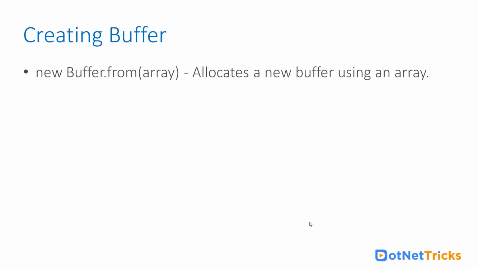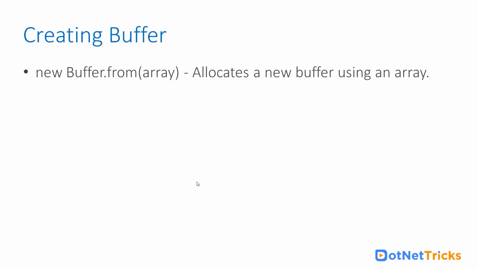I'm referring to the latest Node.js release, which is 13+. There are a few changes. In case you have used buffer with Node.js 8, there was another buffer class available, and you could simply say new Buffer and create a new buffer.